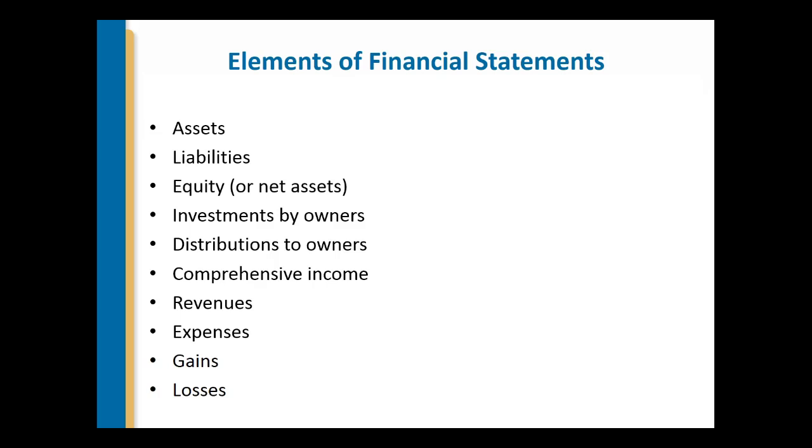Expenses are outflows or other using up of assets or incurrence of liabilities during a period from delivering or producing goods, rendering services, or other activities that constitute the entity's ongoing major or central operations. Gains are increases in equity from peripheral or incidental transactions of an entity. And then finally, losses represent decreases in equity arising from peripheral or incidental transactions of an entity.